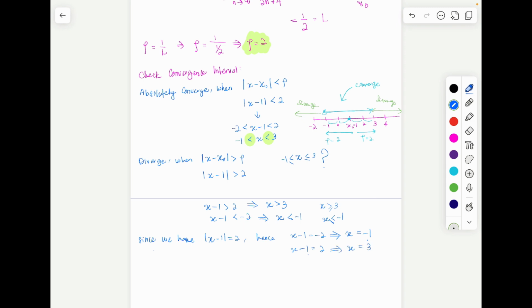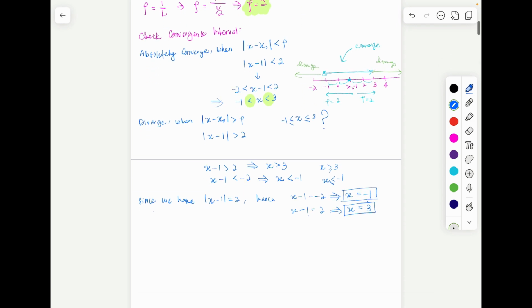So we need to check these two conditions, when x equals negative 1 in the original power series, and also when x equals 3, whether the series converges or not. If it converges, then for the interval of convergence, it is not just lesser or greater, but also lesser or equal, or greater or equal.